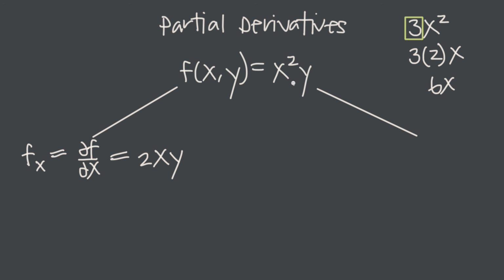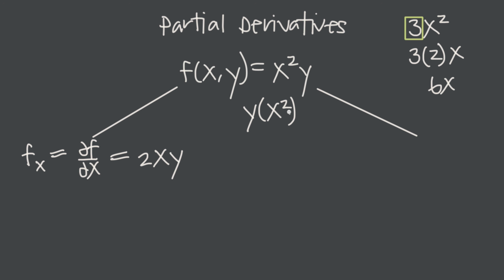Another way to think about that, other than treating y as a constant, is to, for every term, factor any of the other variables that you're treating as constants out in front. So if we rewrote this instead as y multiplied by x squared, this is helpful because you pull the y outside and you can just focus on the x squared, what's inside the parentheses, because this is the only variable you care about.